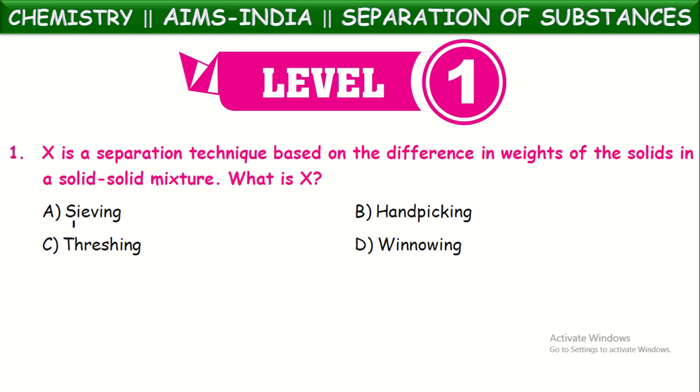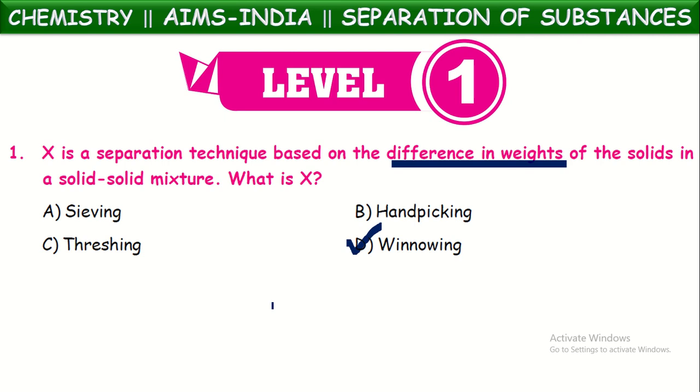Can we use sieving for solid-solid separation? Of course. And one more hint is given here: based upon the difference in the weight. Which technique do we use for separation based upon the difference in weight? That is winnowing, isn't it?